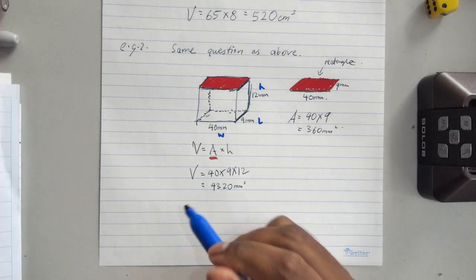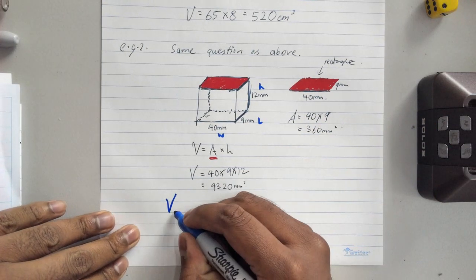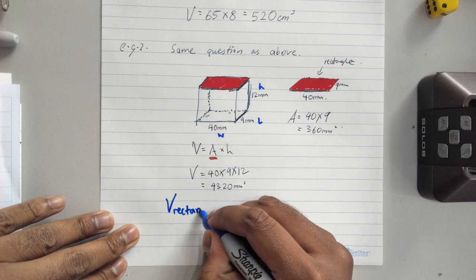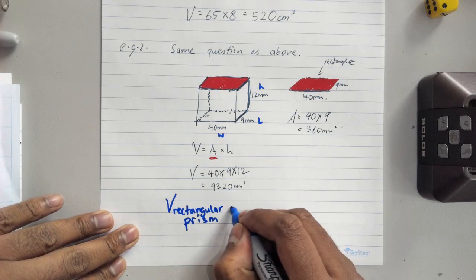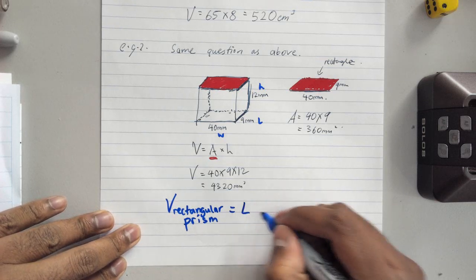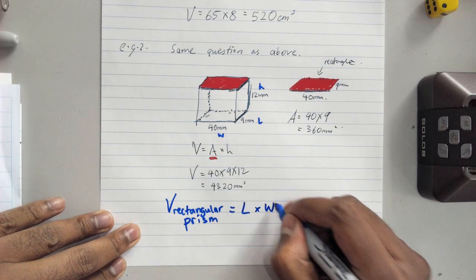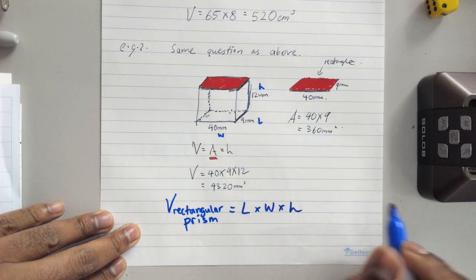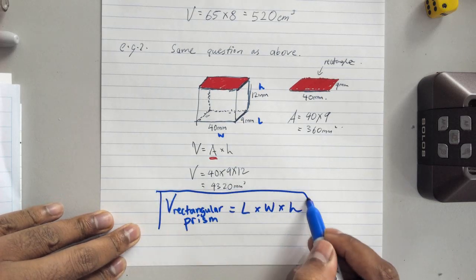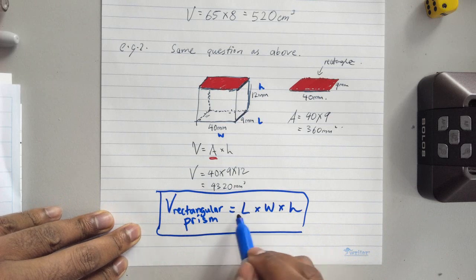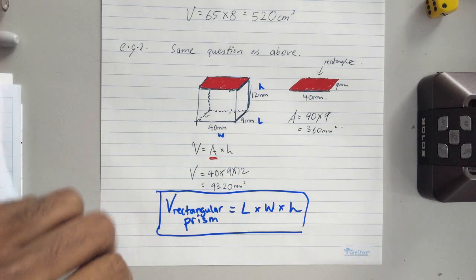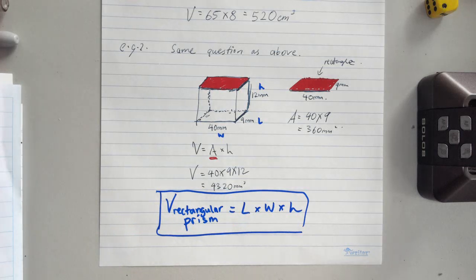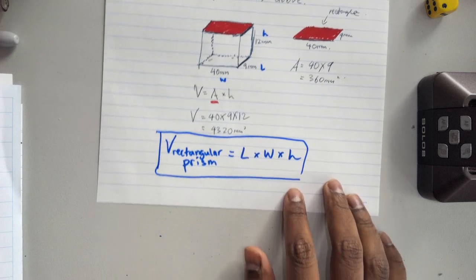So very special for the volume of a rectangular prism, we can go the length times the width times the height. Only because the length and the width make the area of the base. Alright, so we're now done with that example.